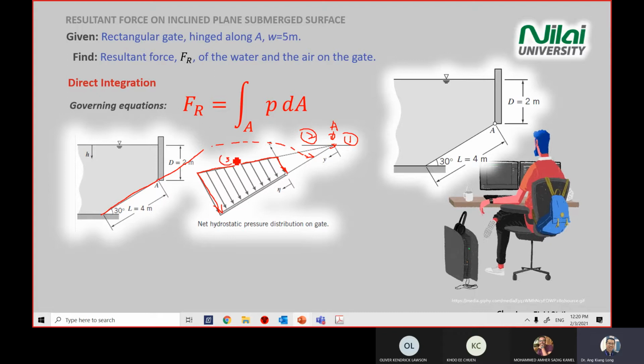Third step, you draw the forces acting on the plate. Fourth is the axis. In this case, your Y is in this direction. And then there's a Z direction axis at the A here, at the hinge here. So you have 4 steps here.